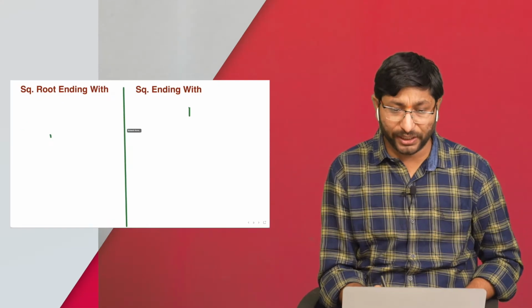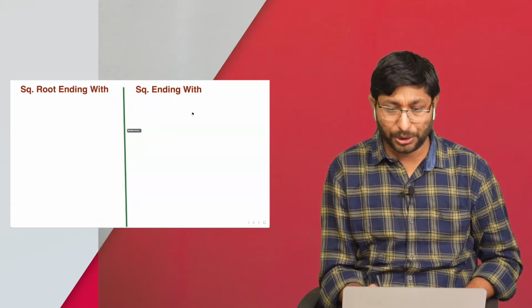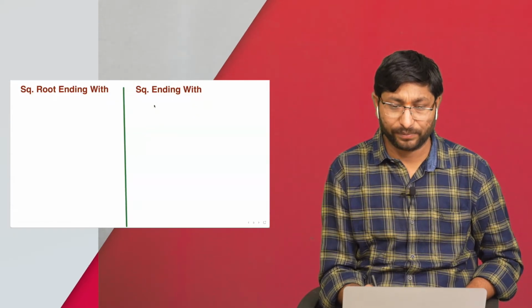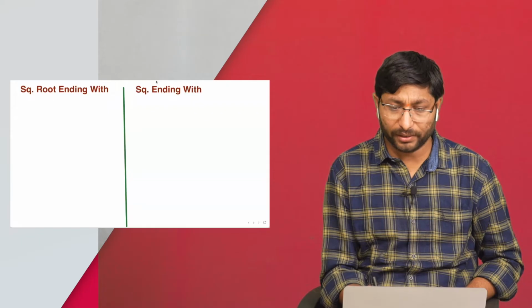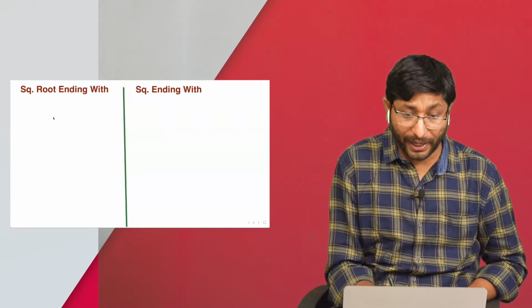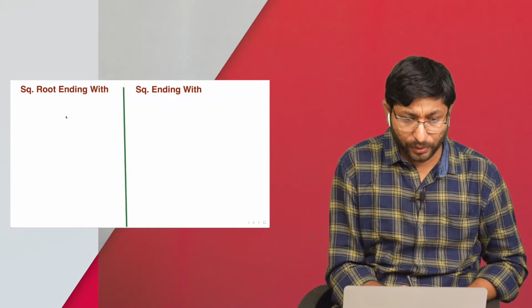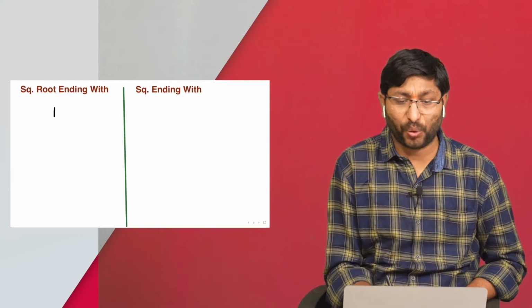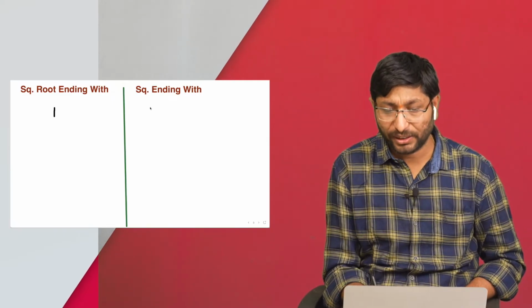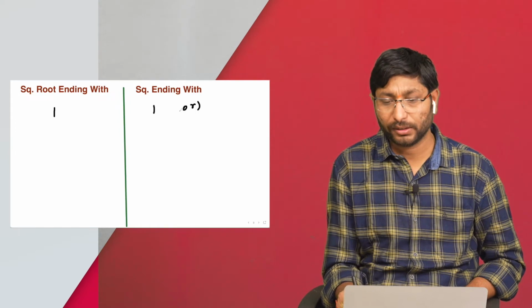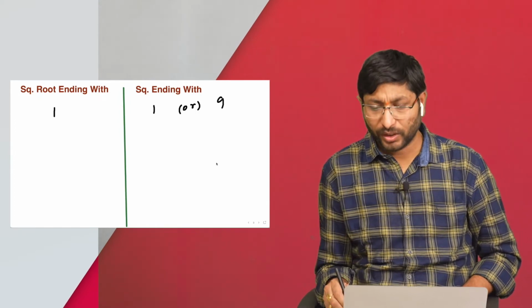Now, if you see this, I hope you understood. If the square root is ending with 1, the square is ending with 1 or 9. Yes or no?